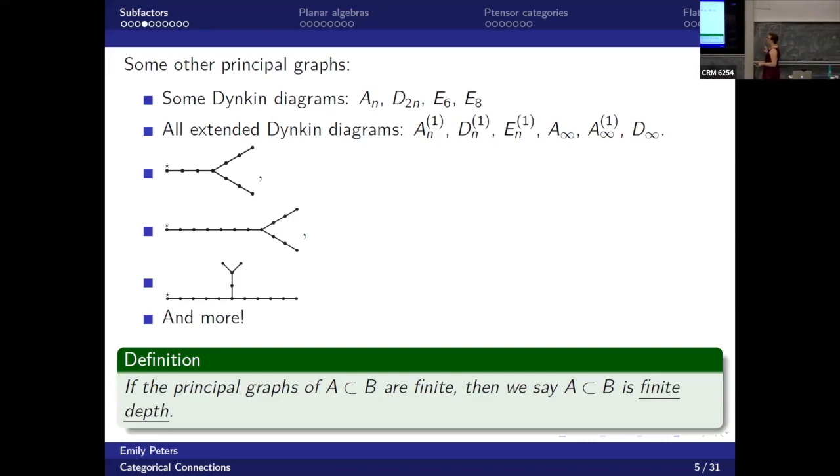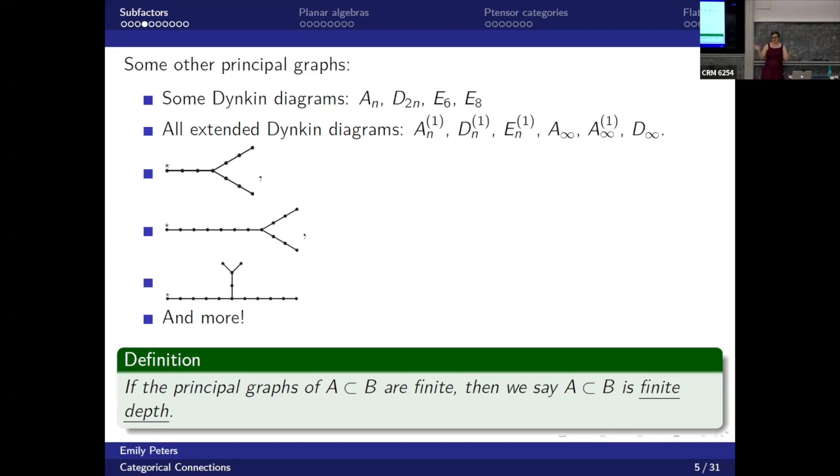You can prove that there is no subfactor with principal graph D odd or E7. And then all of the extended Dynkin diagrams have at least one subfactor associated to them. Some of the extended ones have more than one. And I should say that I'm summarizing here decades of very difficult work, as is the way in math talks.